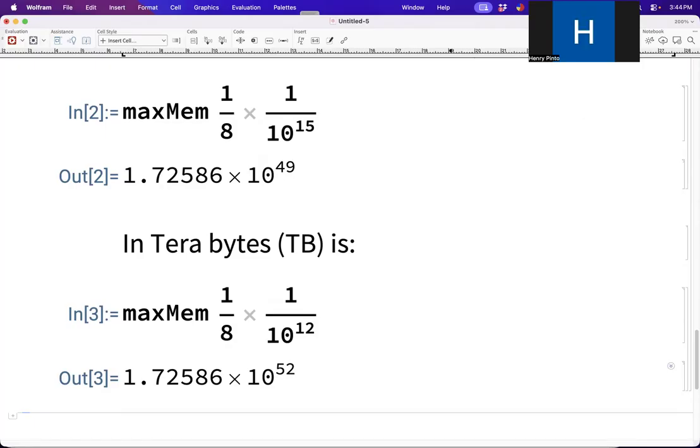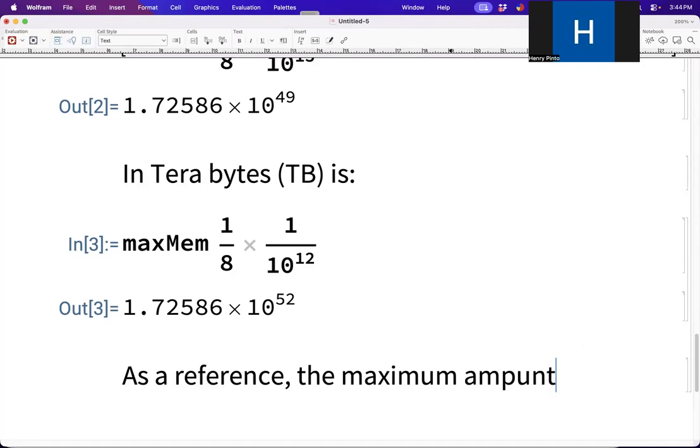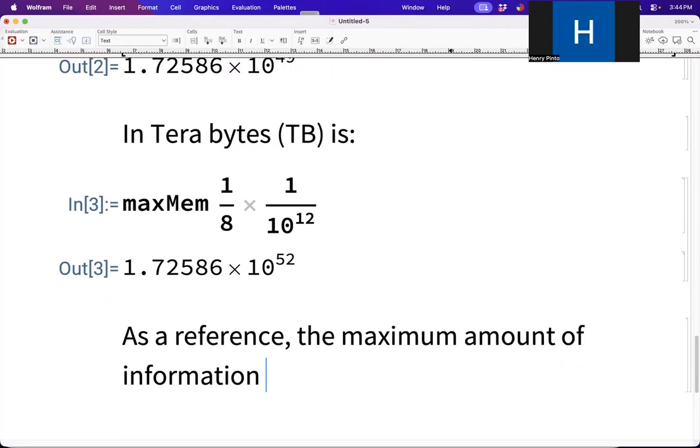So, anyways, just to compare and make sense of this number, okay? I'm going to put, just for your curiosity as a reference, what is estimated, just estimated: the maximum amount of information that our brain can hold.